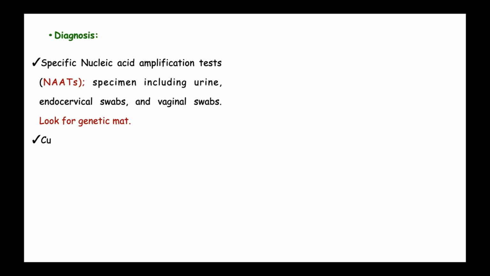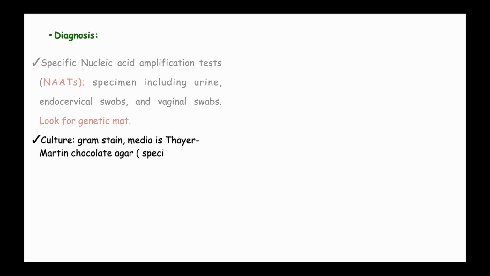Now, we may also use culture, and with culture we do a gram stain, and what we use is a media known as Thayer-Martin chocolate agar, which is specific for Neisseria gonorrhoeae. What we do is take swabs from the vagina or the cervix, as well as the urethra, the rectum, and even the mouth of these patients.